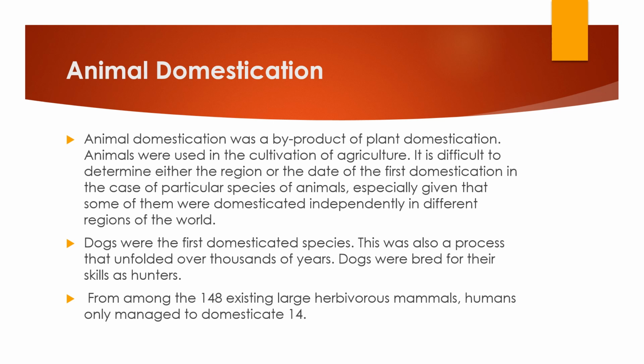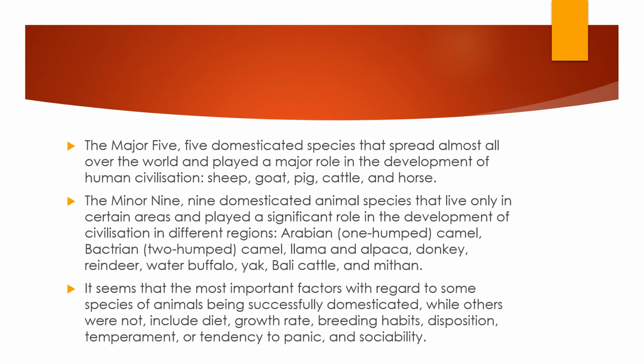From among the 148 existing large herbivorous mammals, humans only managed to domesticate 14. The major five domesticated species that spread almost all over the world and played a major role in the development of human civilization are sheep, goat, pig, cattle, and horse.